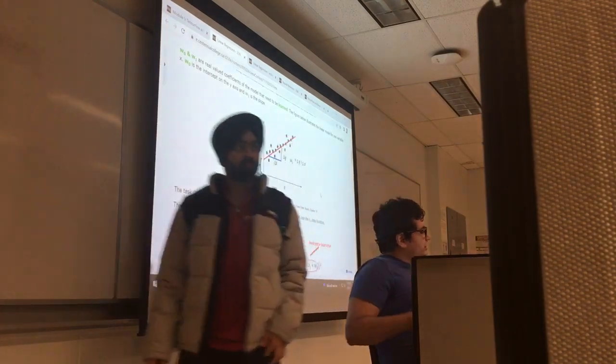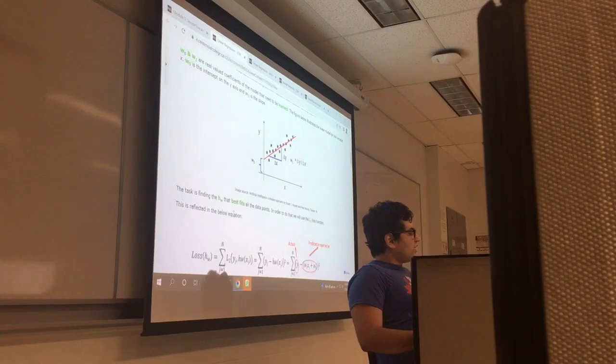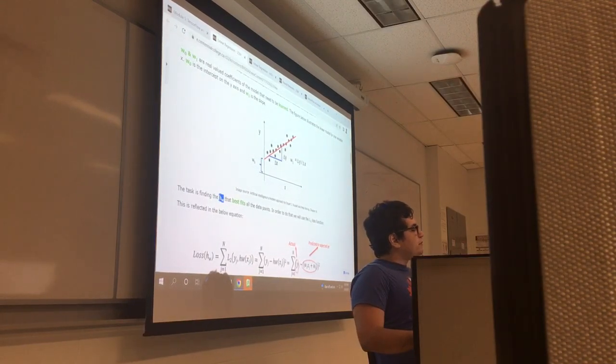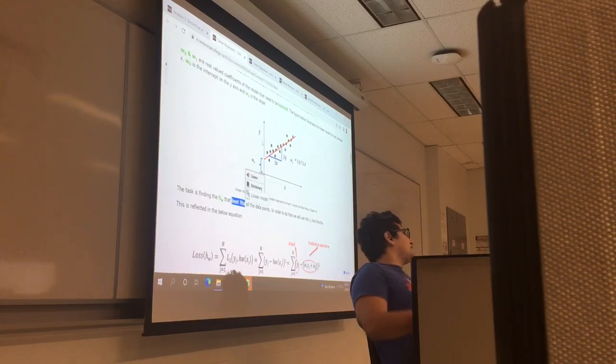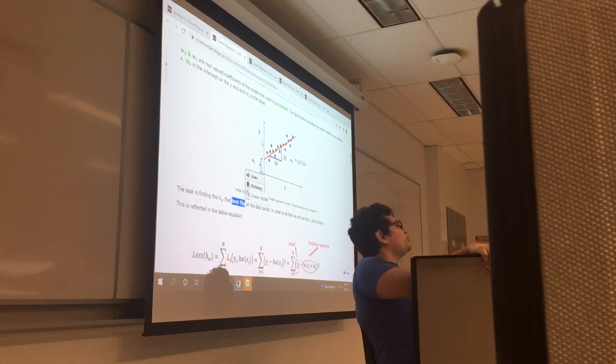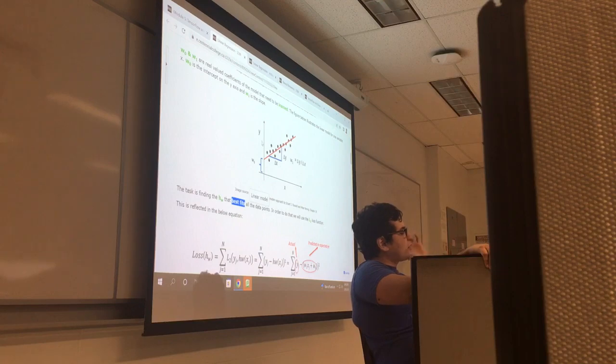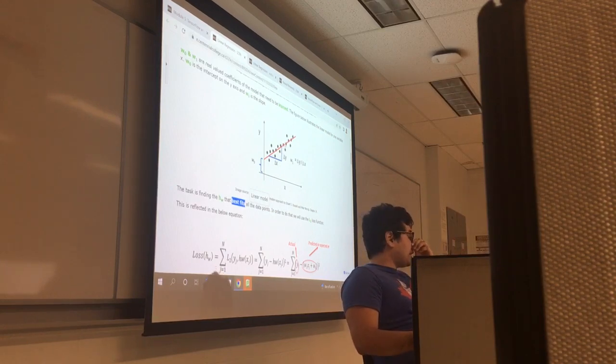So how does it figure it out? We need to find a hypothesis W that best fits the data points. Like we just said, we don't know which angle and which position that line should have. So we are trying to find the combination that fits this data with the minimal error possible, okay?